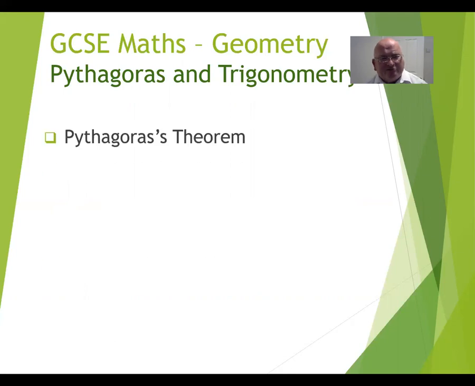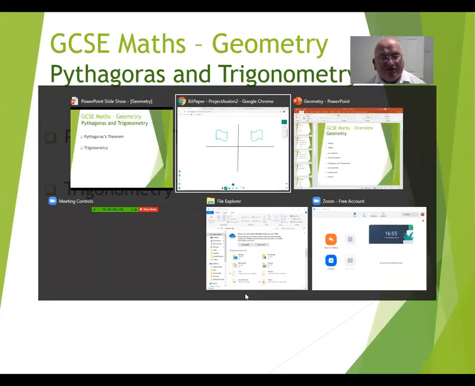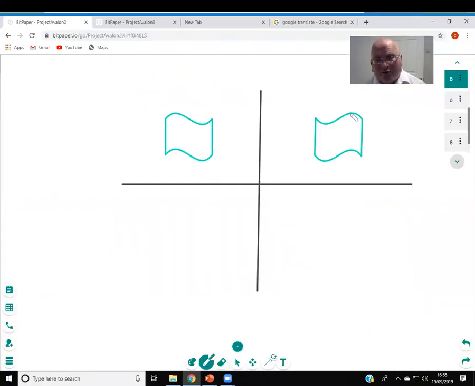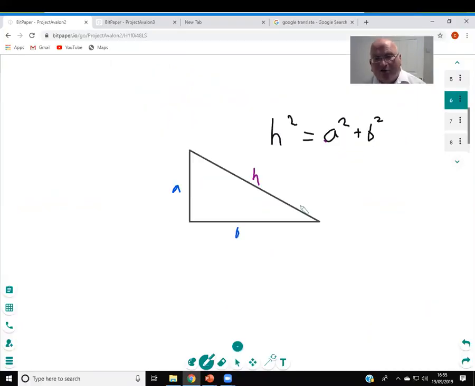Okay, Pythagoras and trigonometry. Now, the Pythagoras theorem comes under this heading, and a little bit further down the line, trigonometry. Both of these relate to trying to find out things about triangles that we don't know, particularly right-angled triangles. What we have there is a right-angled triangle because the angle in the bottom corner there is a right angle.